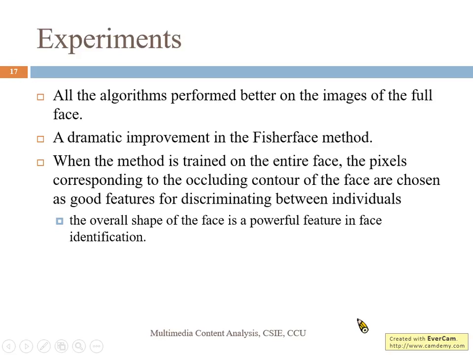So all the algorithms perform better on the images of the full face, and there is a dramatic improvement in the Fisherface method, which was much better than the eigenface and its variant. When the method is trained on the entire face, the pixels corresponding to the occluding contour of the face are chosen as good features for discriminating between individuals.